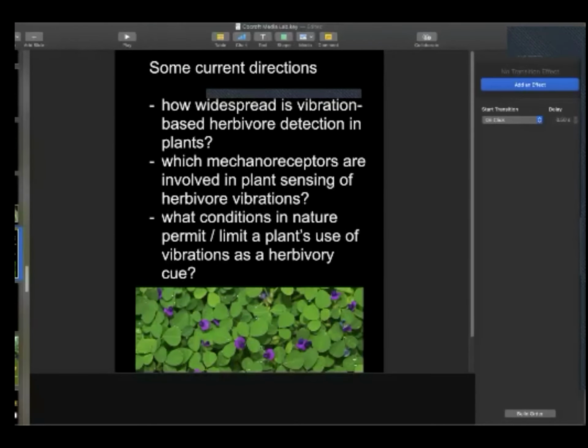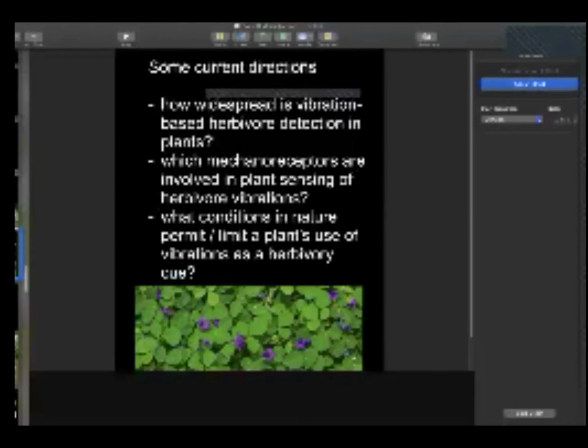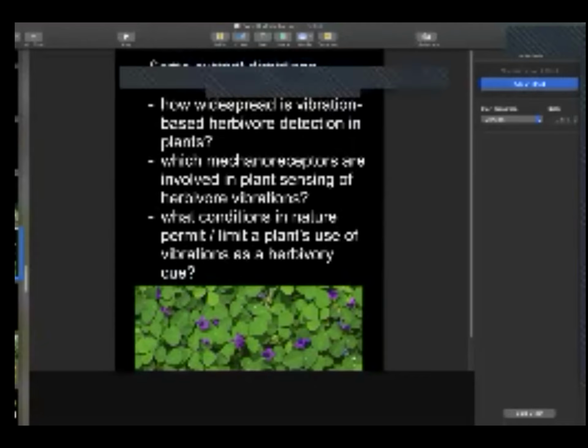It can invest in reproducing, producing more flowers, fruits, or it can invest in defending itself against its herbivores. And so something about this can cause plants to invest more in growth or reproduction rather than defense. So I don't really know what to make of that.